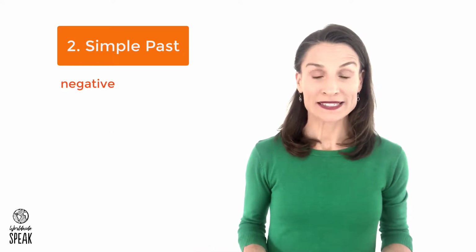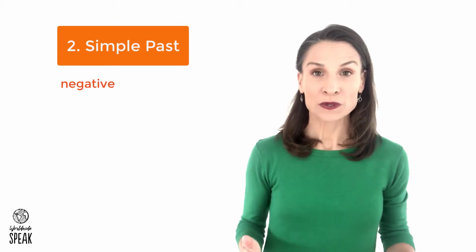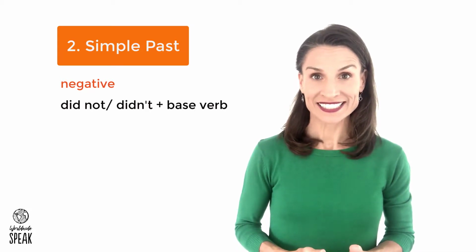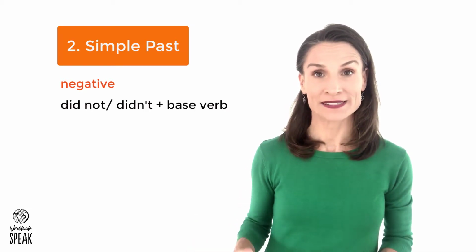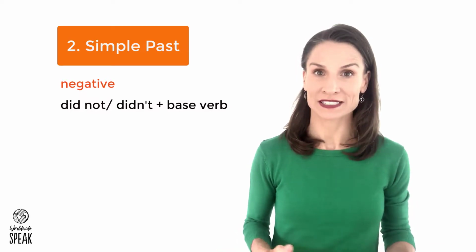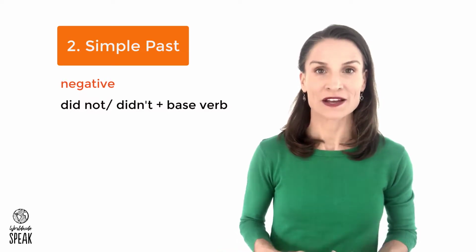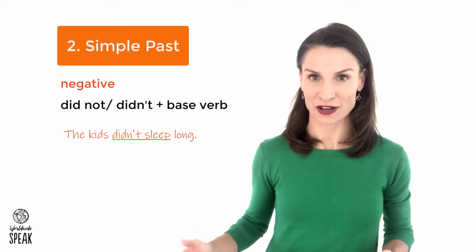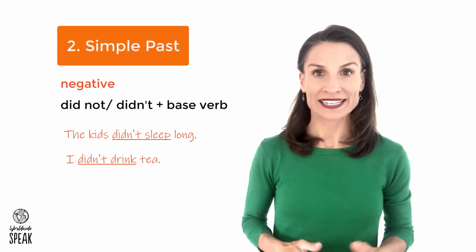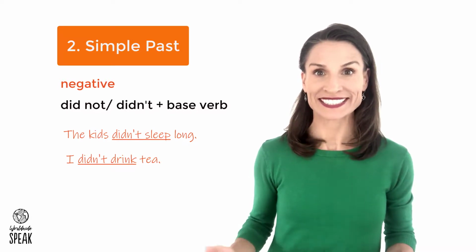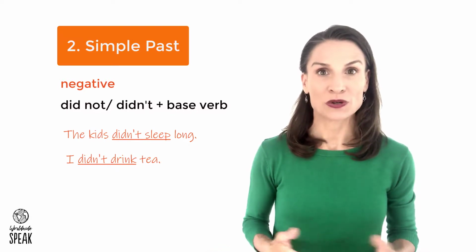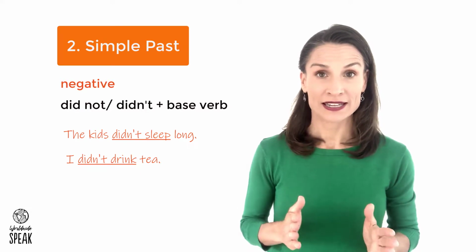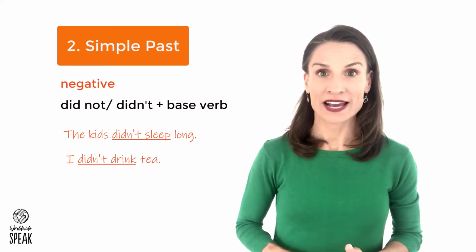To make the past simple negative, we will use did not plus the base verb, or we can use the contraction didn't. For example, the kids didn't sleep long, or I didn't drink tea. So notice that we can use the same form for every verb.